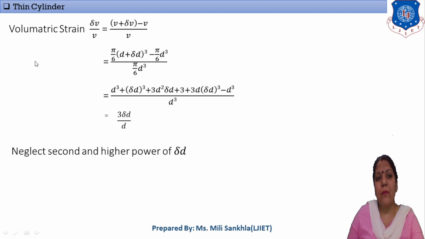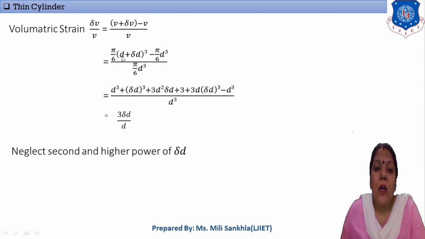Next, volumetric strain is equal to del V by V. If we divide the change in volume by V, ultimately we get the volumetric strain, that is, final volume minus original volume divided by original volume. Simply put the value: first pi by 6 into (d plus del d) cube minus pi by 6 d cube, divided by pi by 6 d cube.